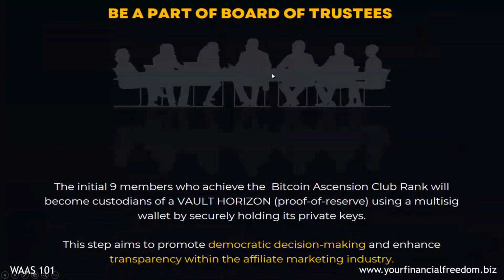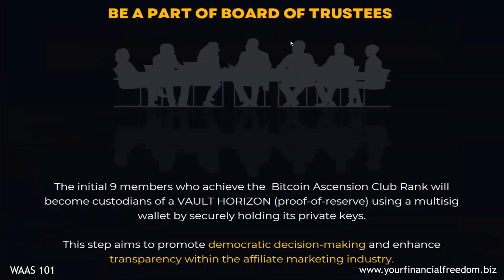The proof of reserve would be managed by a board of trustees, the top leaders who have reached a ranking of Bitcoin Club 9 plus the owner of the company, Chavez, would be the board of trustees to make decisions on the Vault Horizon.